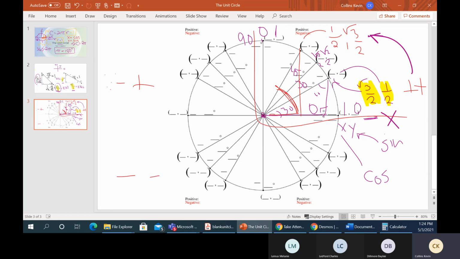Down here, everybody's negative. And over here, our x values are positive, but our y's are minus. So it'll be the same numbers. I know this is a mess right now. We'll get this better, I promise. It's just going to be the same numbers with different signs, and you will have the entire unit circle down.